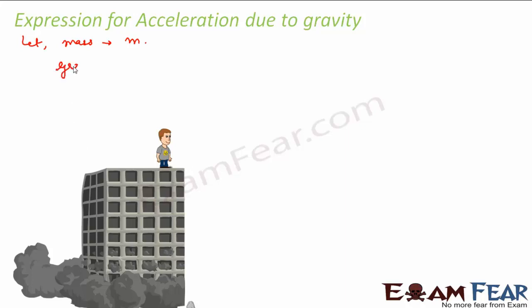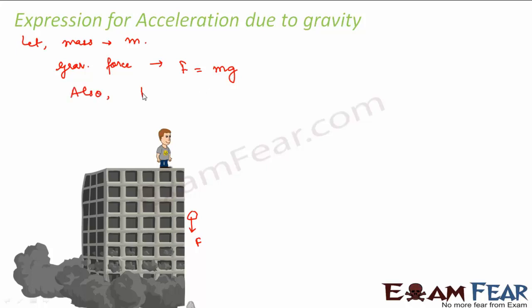So what is the gravitational force acting on the stone? Gravitational force is nothing but the weight of the stone which is acting in the downward direction, right? So the gravitational force acting in the downward direction is nothing but mg, that is the weight of the stone, right?